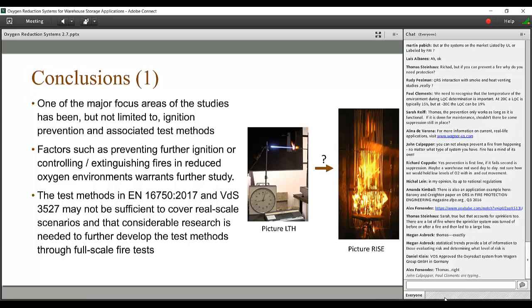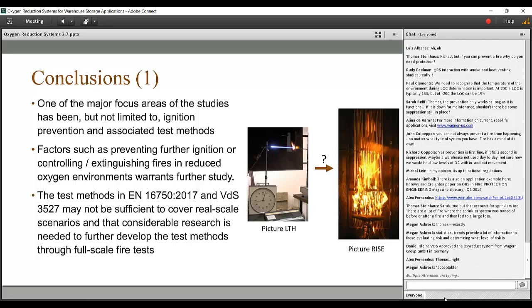We looked into other aspects, as you have seen in this presentation. We know that factors such as preventing further ignition or controlling extinguished fire-induced oxygen environments really also need further study in order to be applied to all kinds of applications and also warehouses.